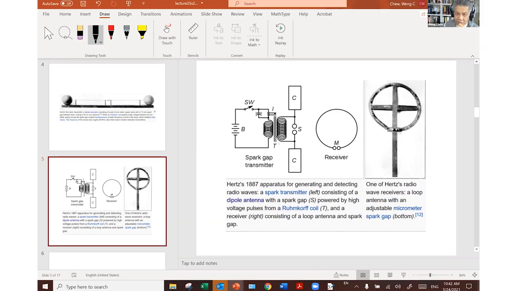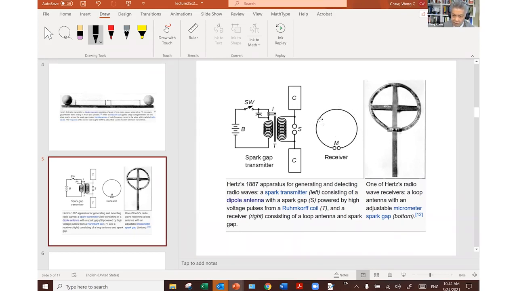And this is how he drove his capacitors. He actually used a transformer and a battery to charge up the high voltage, and then he used a switch. And when you have a switch, you can cause a large voltage transfer by this transformer to set up the voltage, and this voltage drives the current into the capacitor. And he picked up the signal using a loop antenna, a current loop.